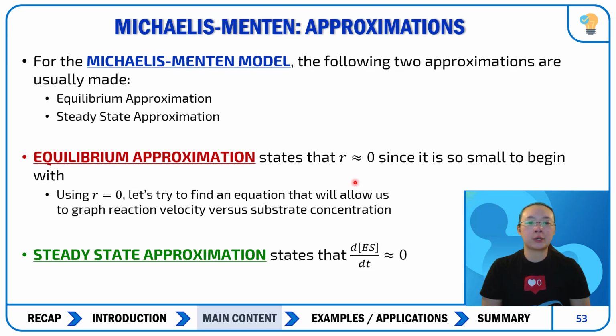Using R equals 0, let's try to find an equation that will allow us to graph reaction velocity versus substrate concentration. The steady state approximation states that the change in ES over time is approximately 0, because remember, it plateaued, which means that when you have a plateau, your slope is pretty much 0, because your value doesn't change and it's a constant.